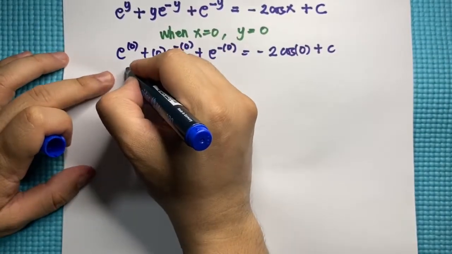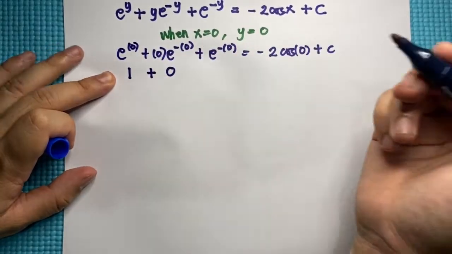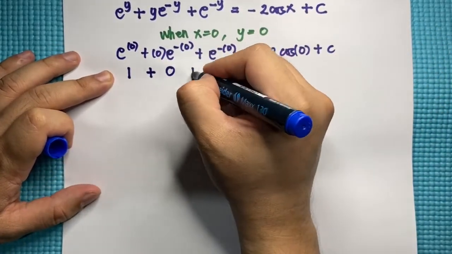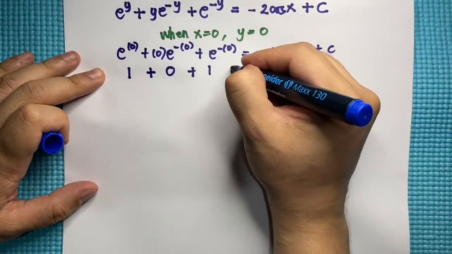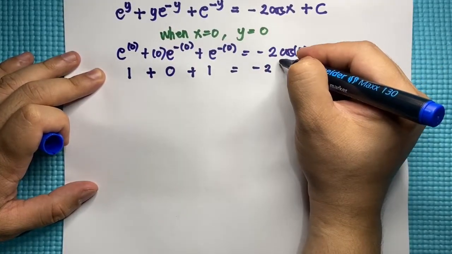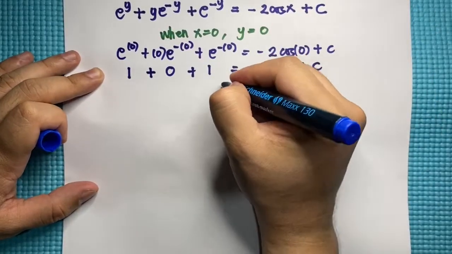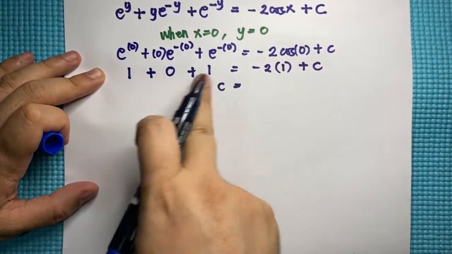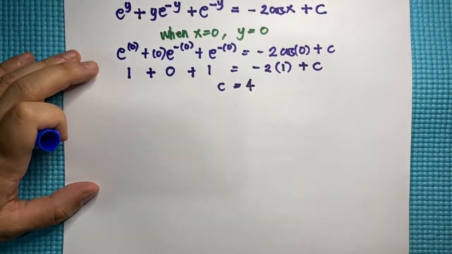So e raised to 0 is 1, and then anything multiplied with 0 is 0, plus e raised to negative 0 is as well 1, and that is equal to negative 2 cosine 0, which is 1, so plus c. So giving us the value of c to be 1 plus 1 is 2, plus 2, which is equal to 4.